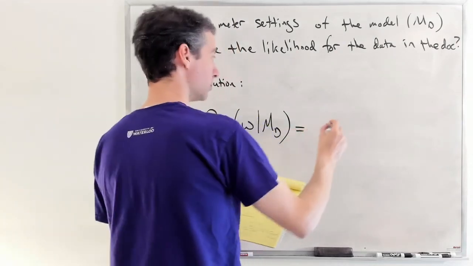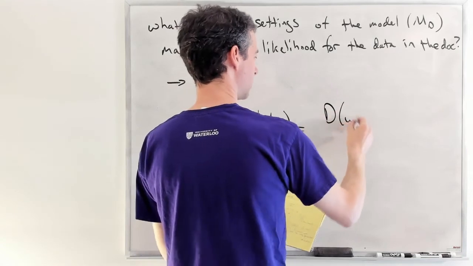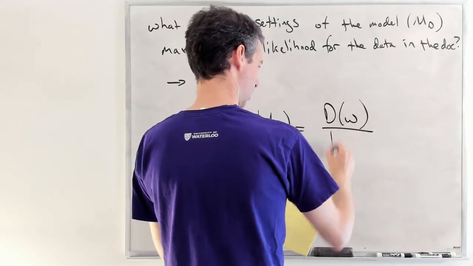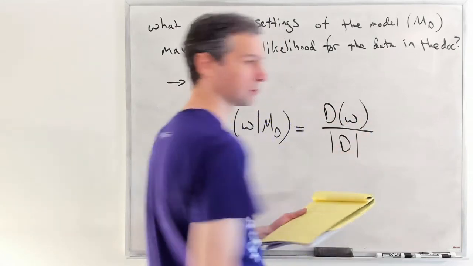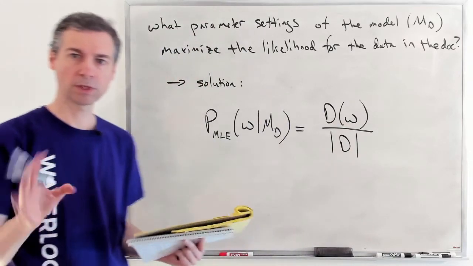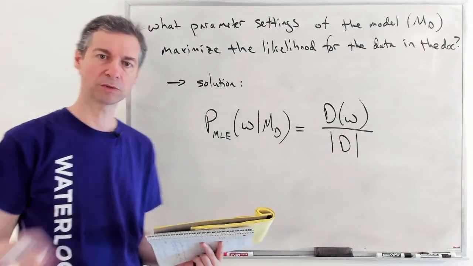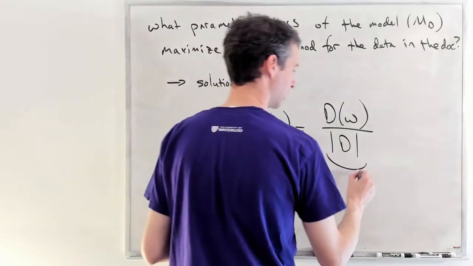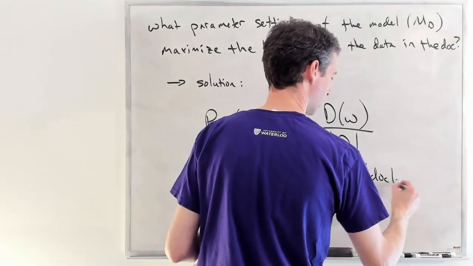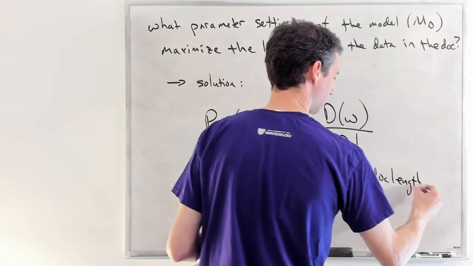It is equal to, as might be obvious, the count of the word divided by the total number of word occurrences, not unique words. This is the document length, so we divide by the document length.